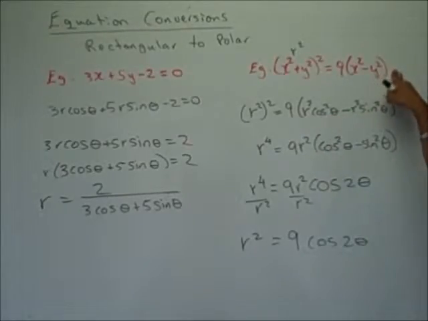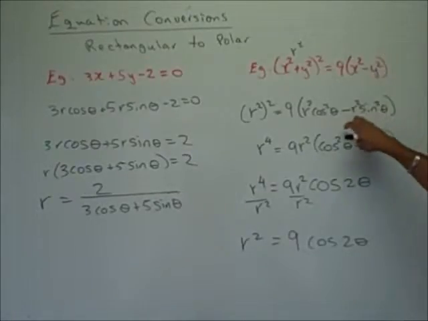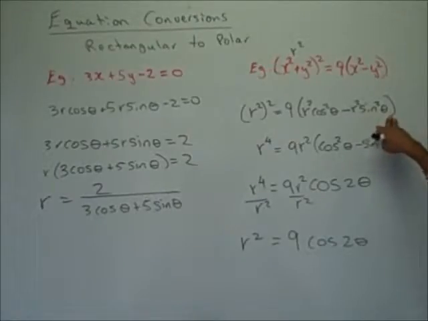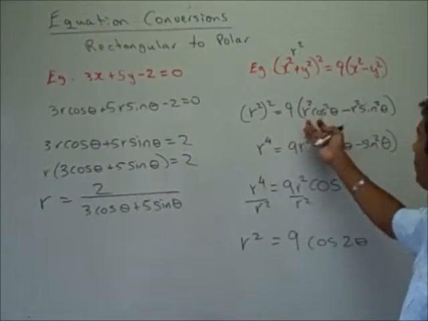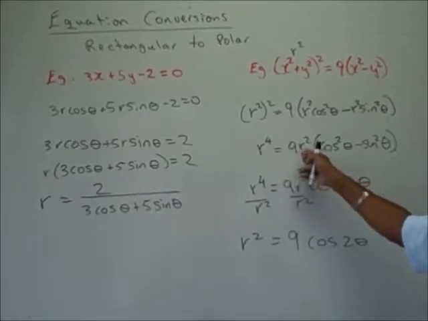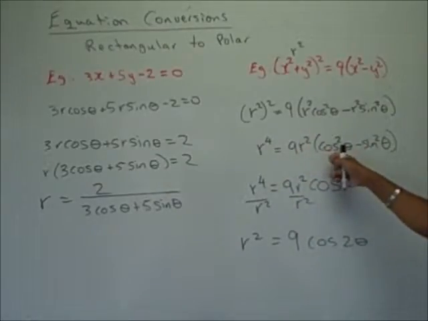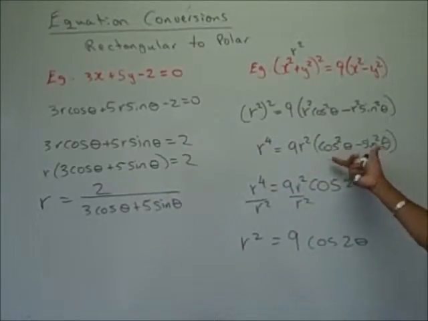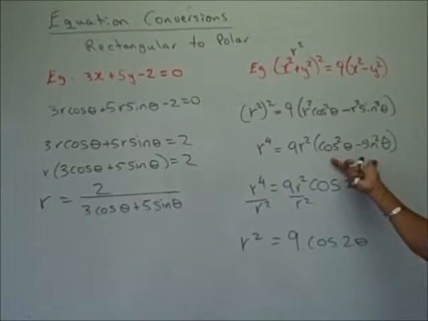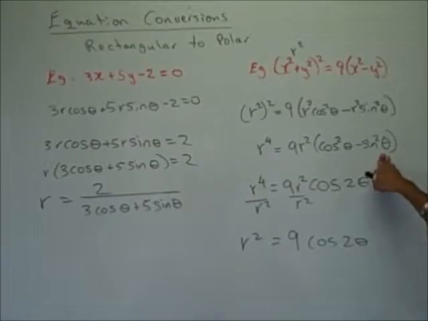Y is equal to r sine theta. So if y is being squared, that means it's r squared sine squared theta. If we simplify this and factor out the r squared, we now have 9r squared times cosine squared theta minus sine squared theta in the parentheses. We know that cosine squared theta minus sine squared theta is one of our double angle identities.